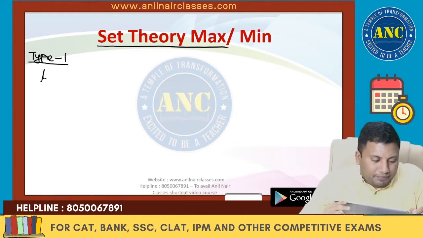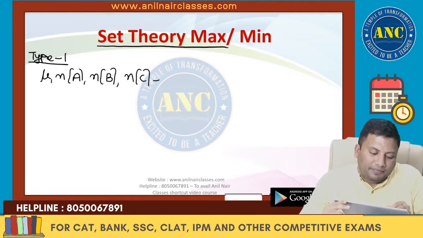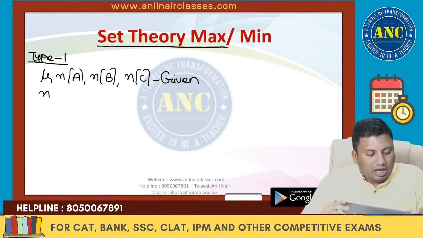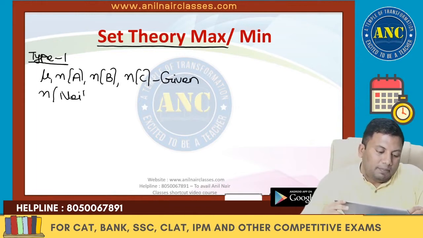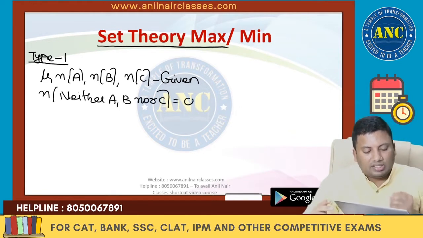Type 1: mu will be given, n of A will be given, n of B will be given, n of C will be given. All the values will be given in your question. N of neither A, B nor C will be given as 0.